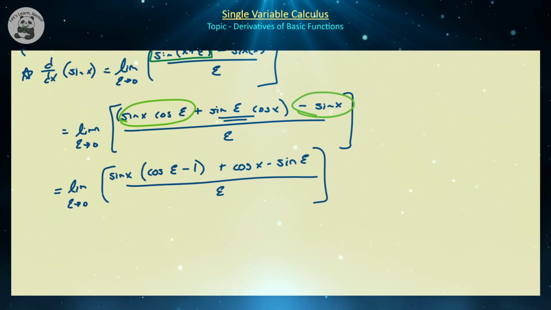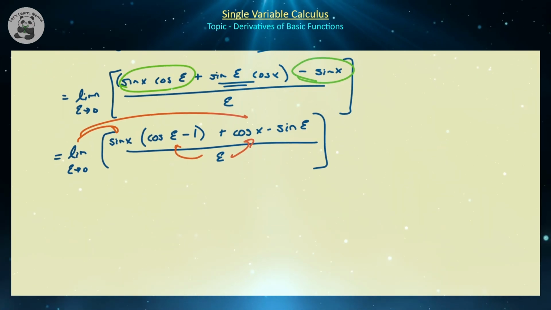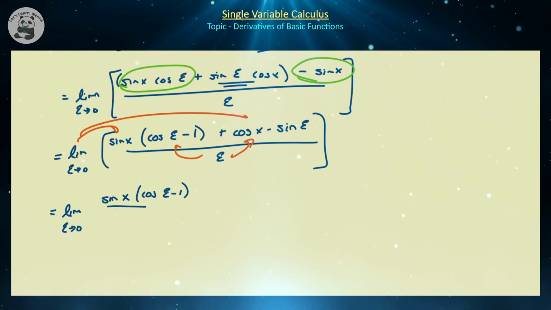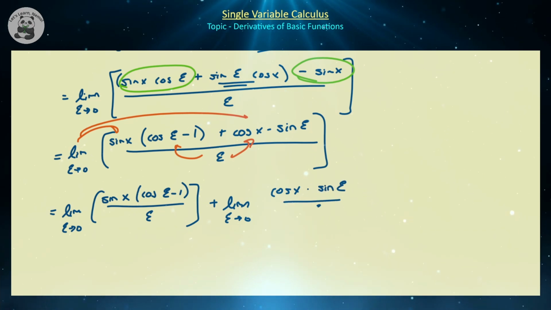Now I'm going to split this fraction into two fractions, and distribute the limits over those two fractions. So this gives me the limit as epsilon approaches 0 of the sine of x times the cosine of epsilon minus 1 divided by epsilon, plus the limit as epsilon approaches 0 of the cosine of x times the sine of epsilon, all divided by epsilon.